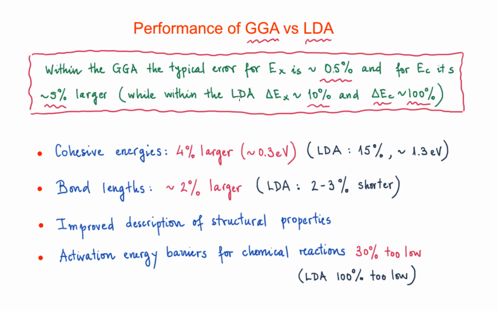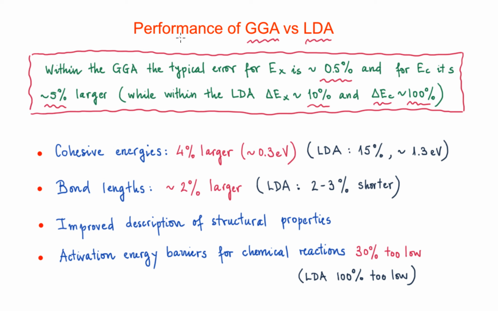Actually, what happened within the LDA was a cancellation between the two, which made the LDA work in such different systems. Here, the errors that we are making are much smaller. So even though that cancellation doesn't happen, we expect that the results we're getting with this GGA should be much better. But how much better?